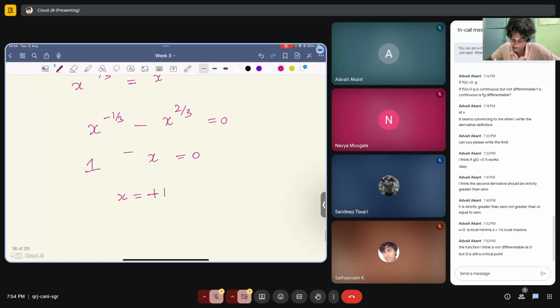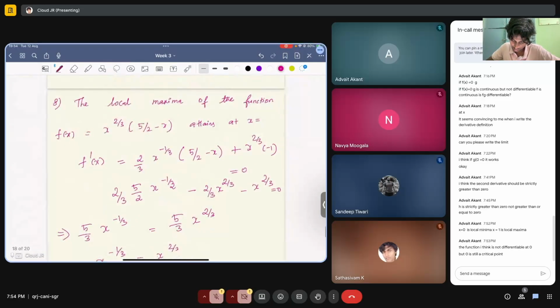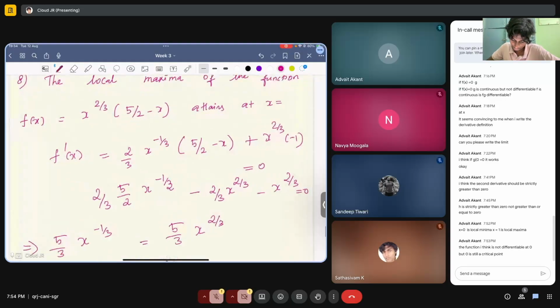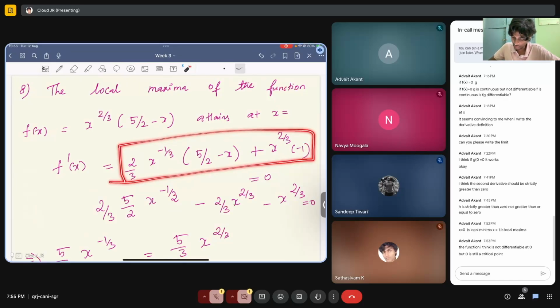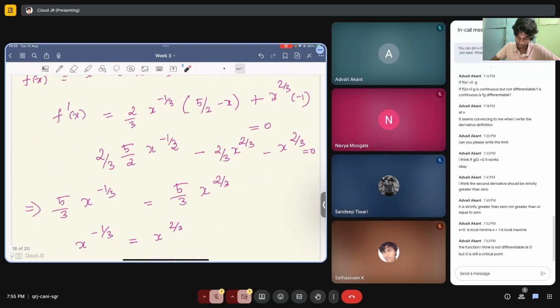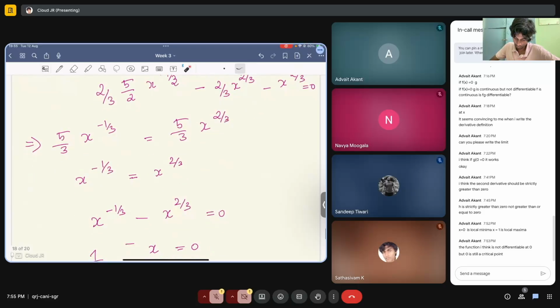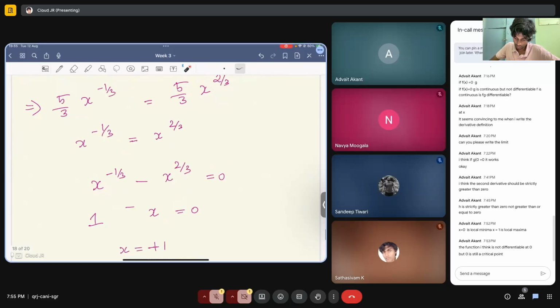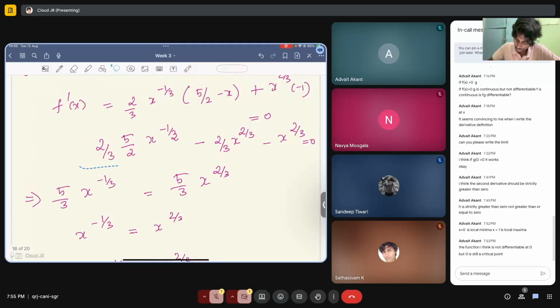And then at this point, you have to find what is happening, right? So let me go again here. This is my function and this is my derivative.